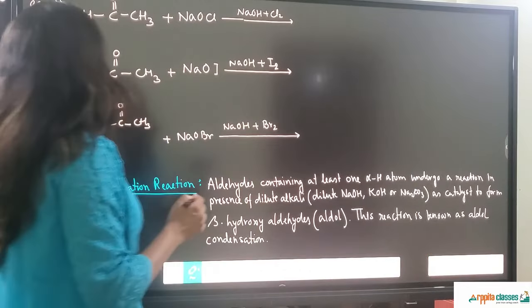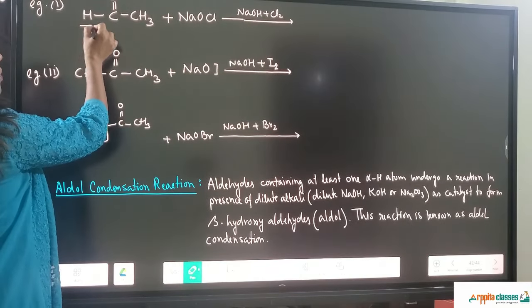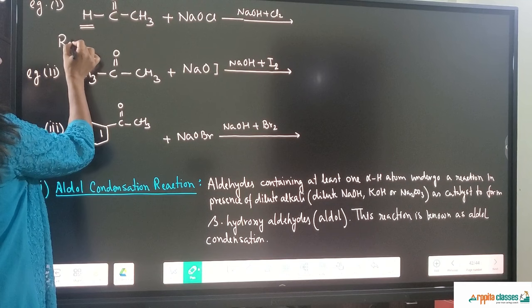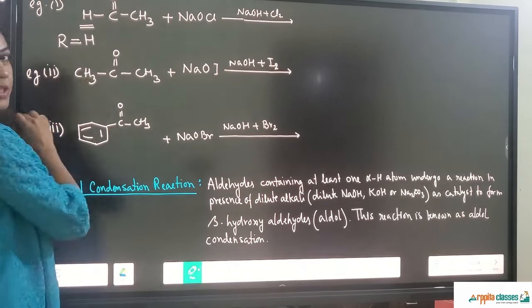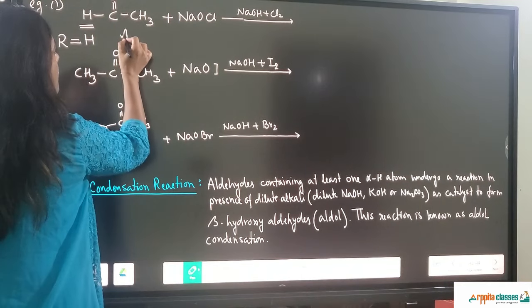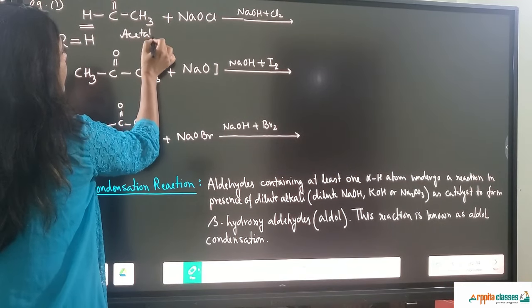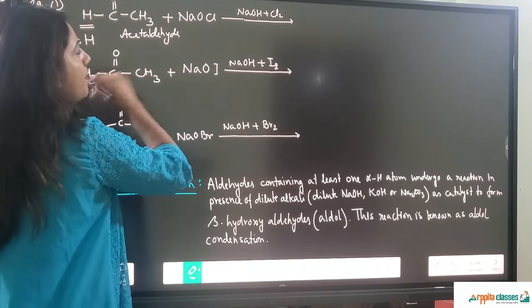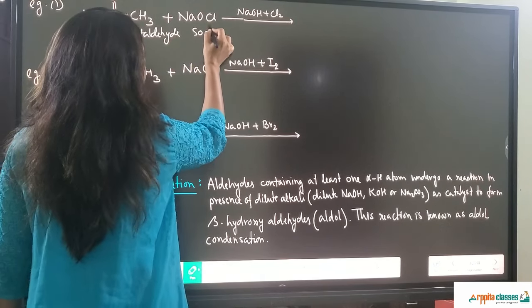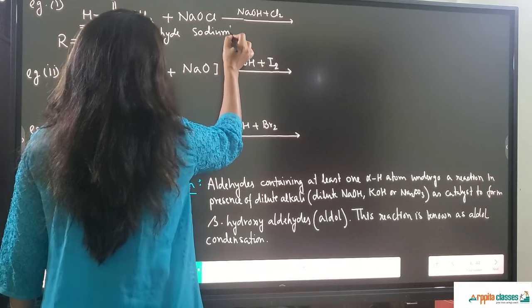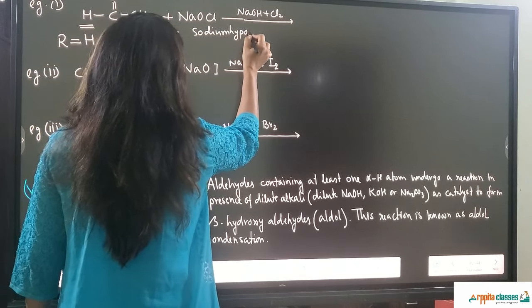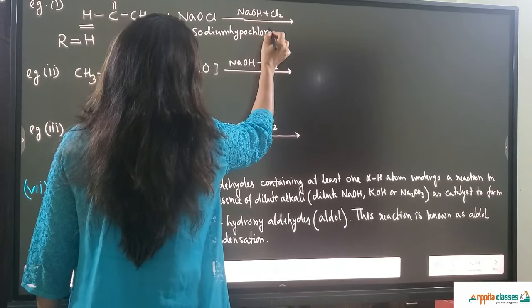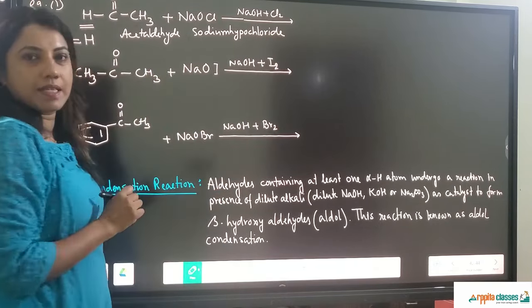Let's see. If your R group is H, here in this particular reaction R is equal to H. So your compound becomes acetaldehyde. We have taken sodium hypochlorite, which has come from NaOH plus Cl2.